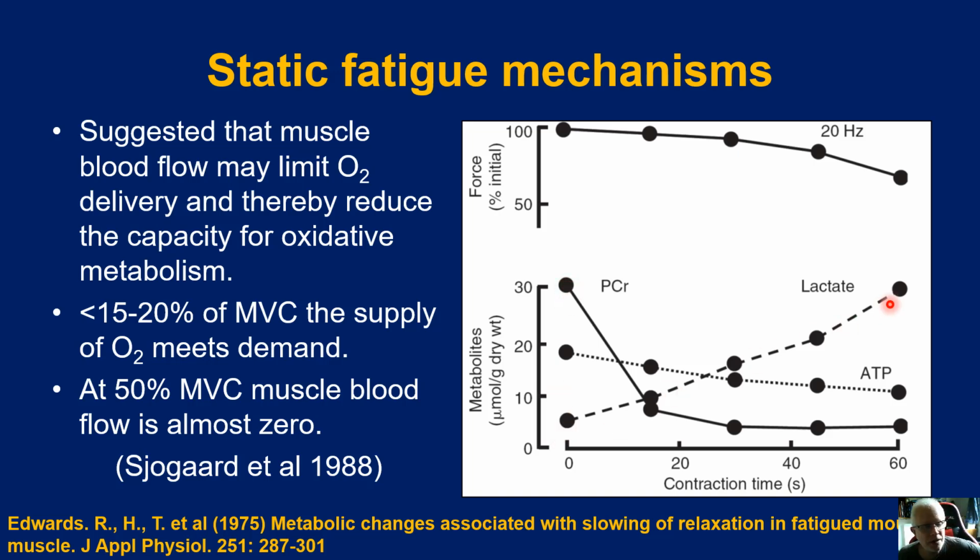But why would that be the case? Where is the connection? Well, the connection is quite simply, under isometric conditions, you're creating a pressure. That is, a pressure is being applied to both arterial inflow and venous outflow. So when we're working at about 15 to 20% of the MVC, we are getting very, very little pressure being created on arterial inflow.